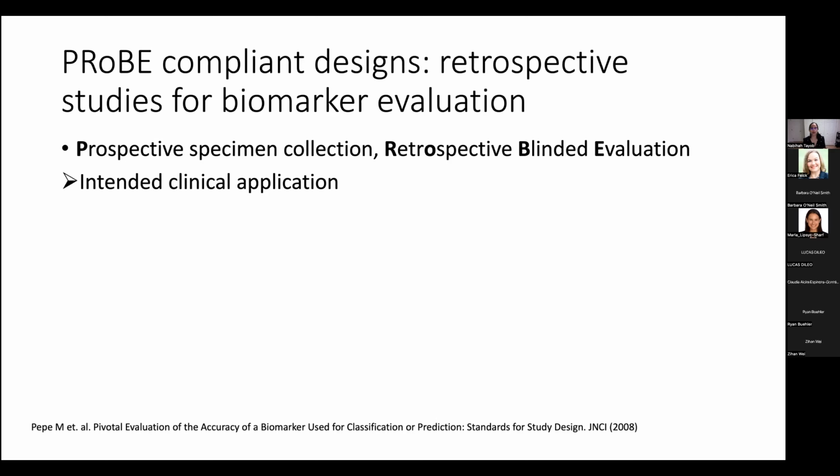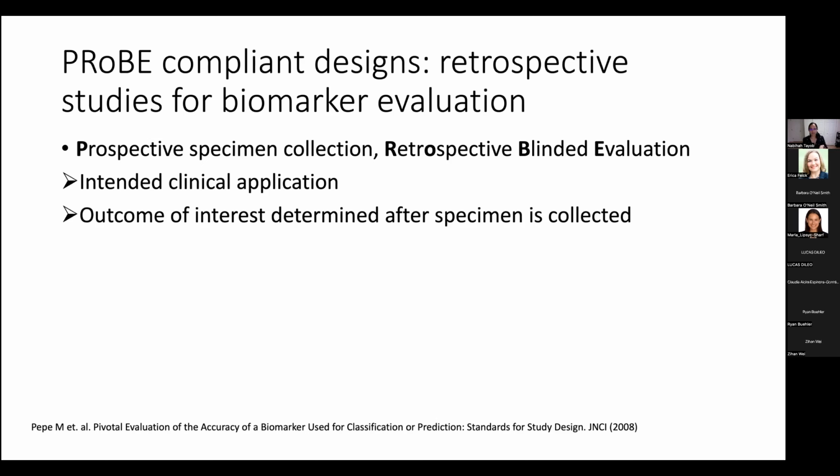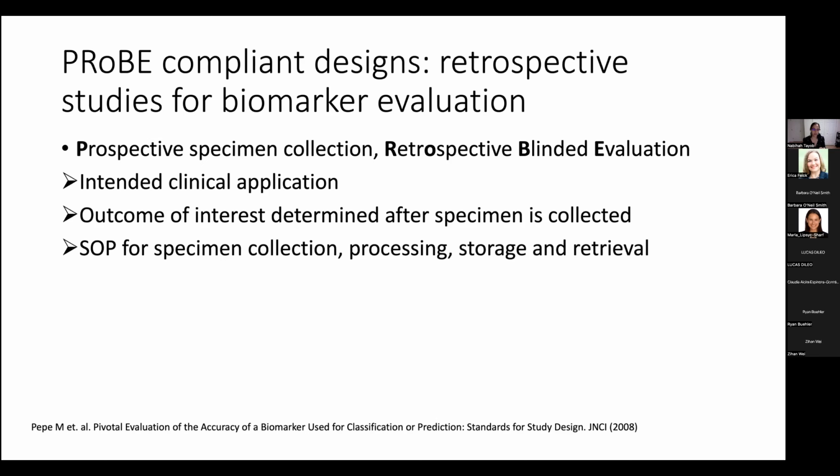It'll be everybody who had an abnormal finding on their imaging study, and then you would roll them into your study, collect the specimen of interest, and then figure out, do they have cancer or not? So your specimen has been collected when you do not know the true disease status of the patient. Retrospective blinded evaluation: the outcome of interest is determined after the specimen is collected.